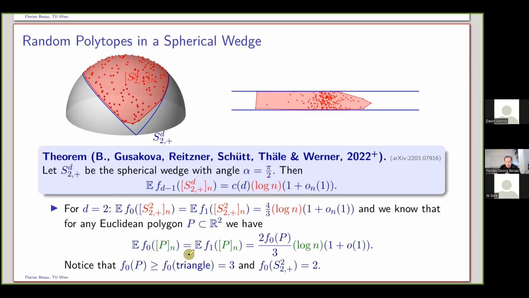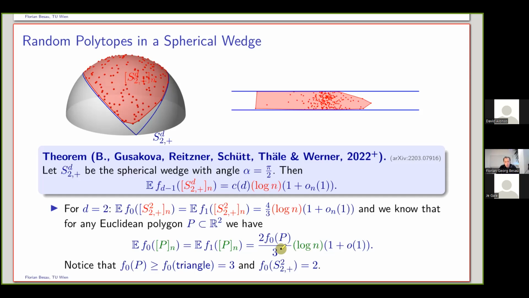And you can compare this with the Euclidean results. And there we know that the rate is controlled by 2 times the number of vertices of your original polygon over 3. And since the polygon with the lowest number of vertices is the triangle in the plane, you will always have at least 6/3 here.